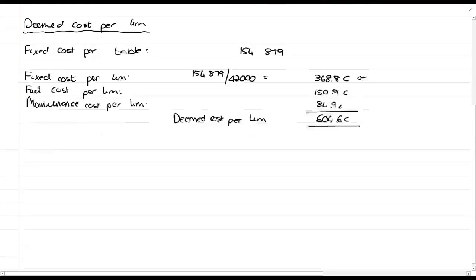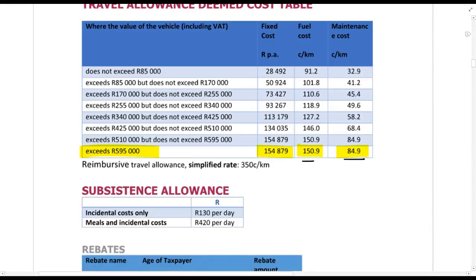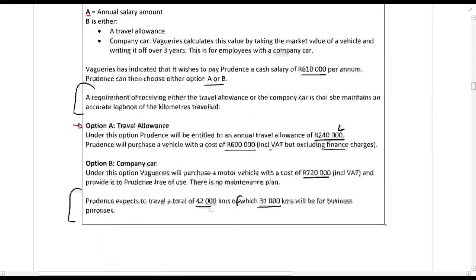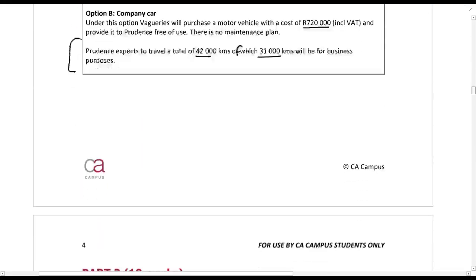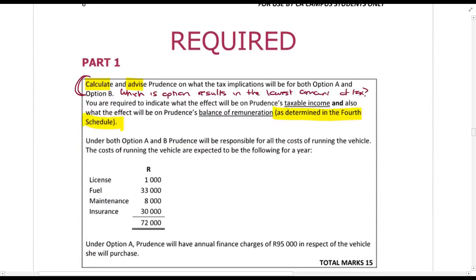Then the question also told us that she kept a logbook of the actual costs. She's responsible for all the costs of the year. I'll just make a comment also here: assume she will maintain an accurate logbook.